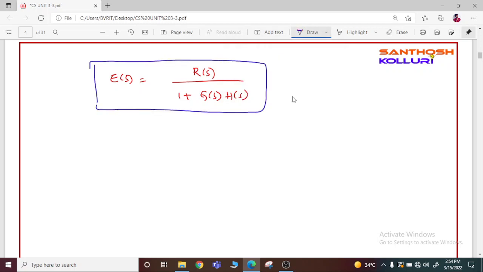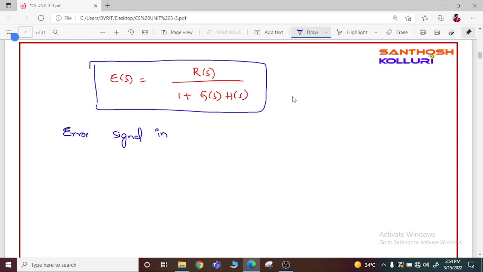in Laplace transform form, but I wanted to have the error signal in the time domain. The error signal in time domain, E(t), can be obtained by taking the inverse Laplace of this above signal.